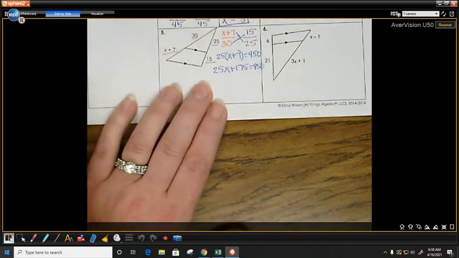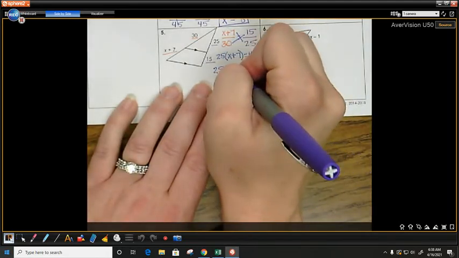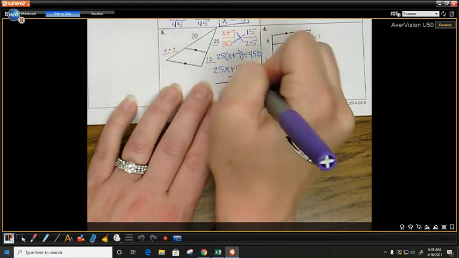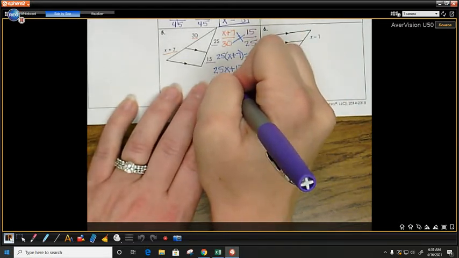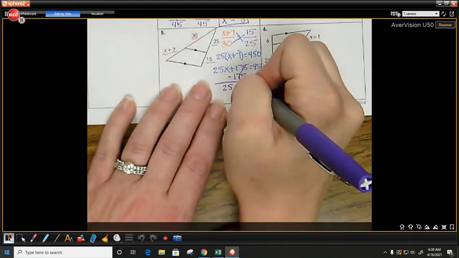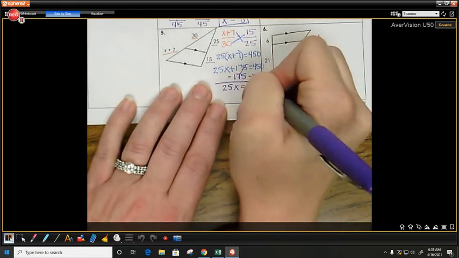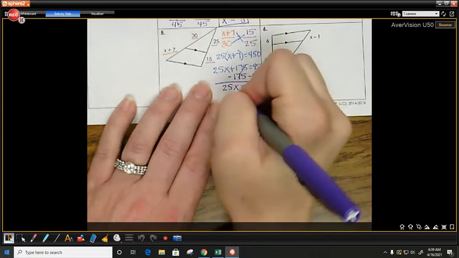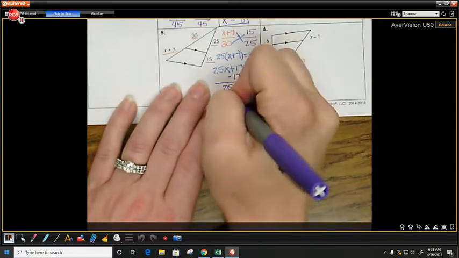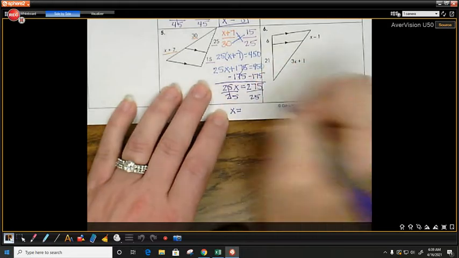So then I need to solve this for x. I'm going to subtract 175 on both sides. And I get 25x equals 275. So then I divide both sides by 25. And we get x is 11.